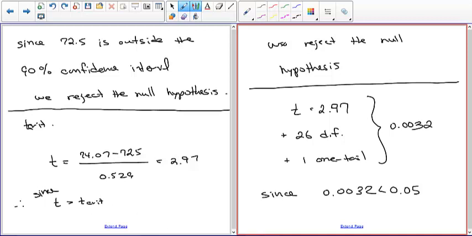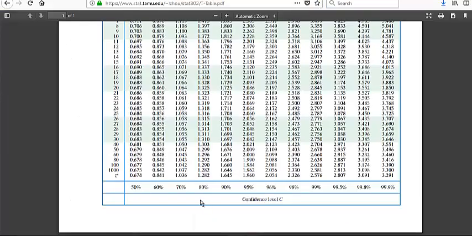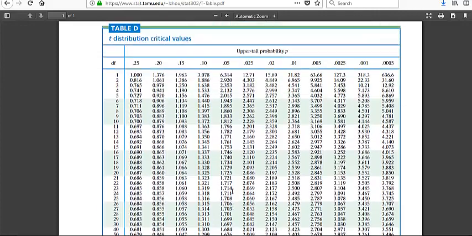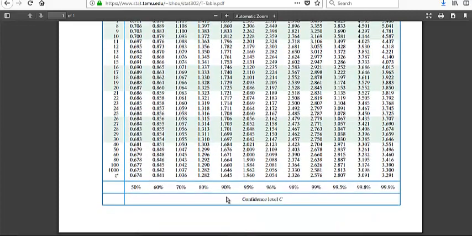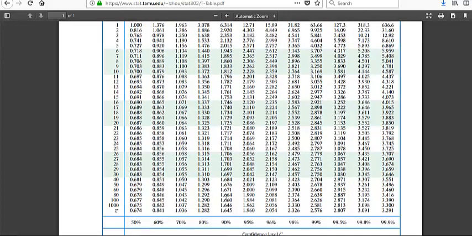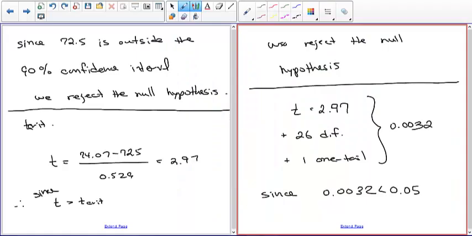that's what we used here to get this t critical. I kind of skipped over that part, but if you go back here, the significance level for one tail test is 0.05, which corresponds to a 90% confidence level for the confidence test. So if you take 26 degrees of freedom and this same column, 1.706 is the answer.